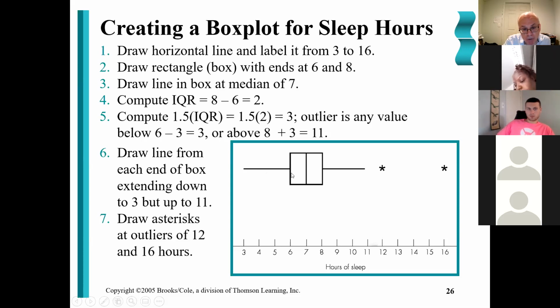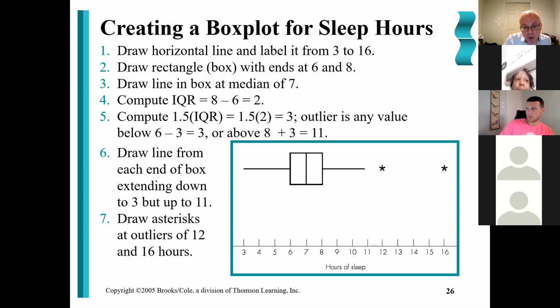When you subtract 3 from that, which is 1.5 IQR, you get 3. Any numbers that are smaller than 3 will be considered a small outlier, an outlier on the left. Well, it happens that the smallest number in your data set is 3. 3 is not smaller than 3, therefore the 3 is not an outlier.